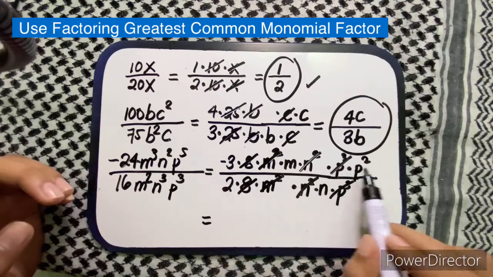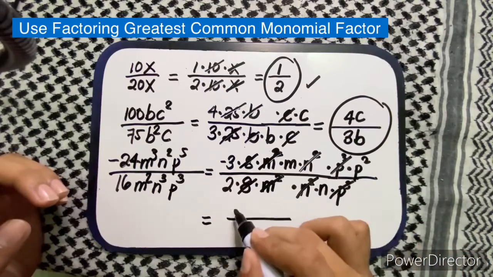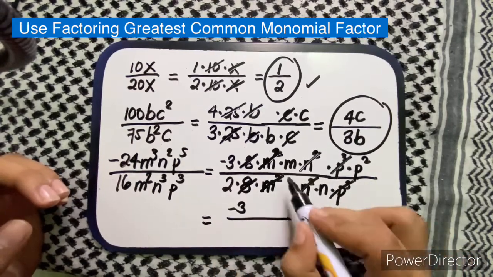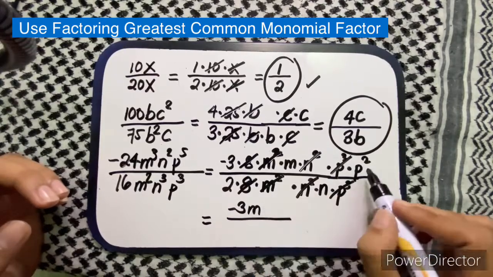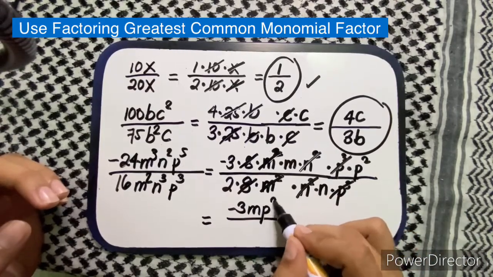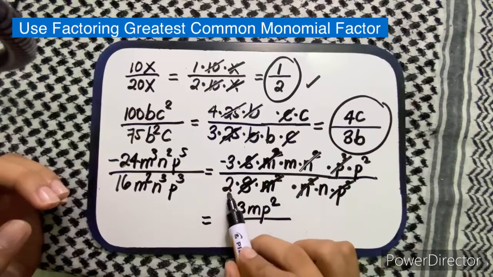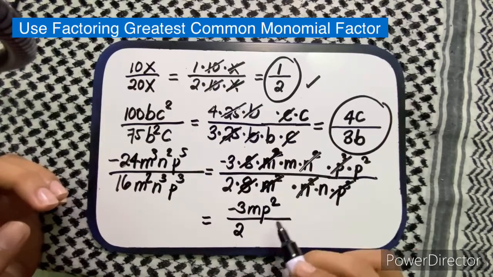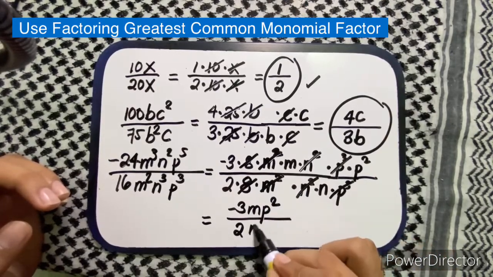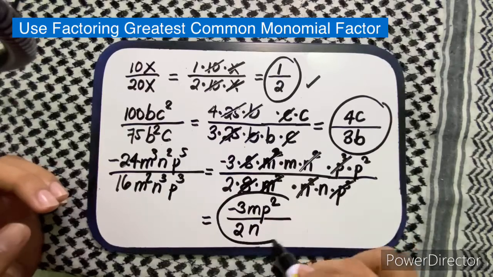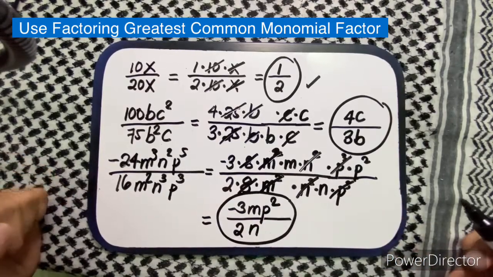Copy the remaining factors. In the numerator, we have negative 3, m, and p squared. In the denominator, we have 2 and n. So this is the simplified form.